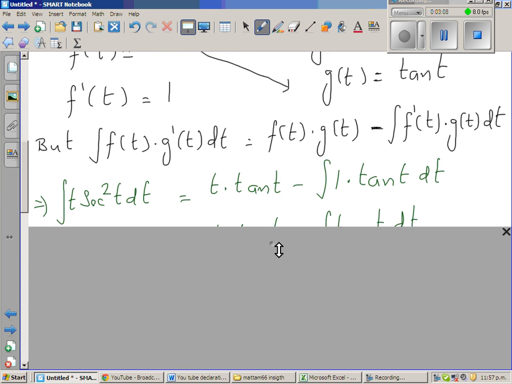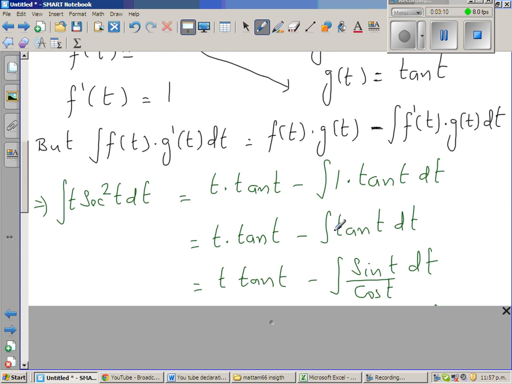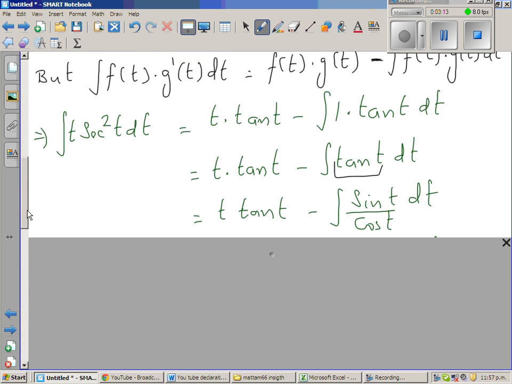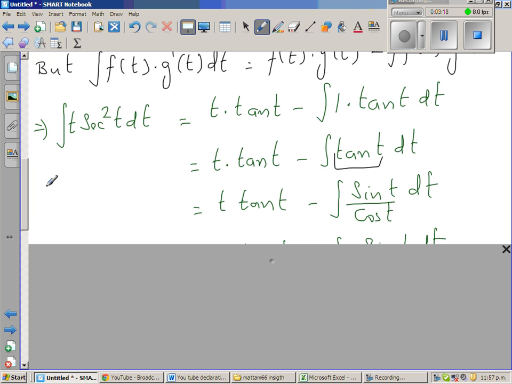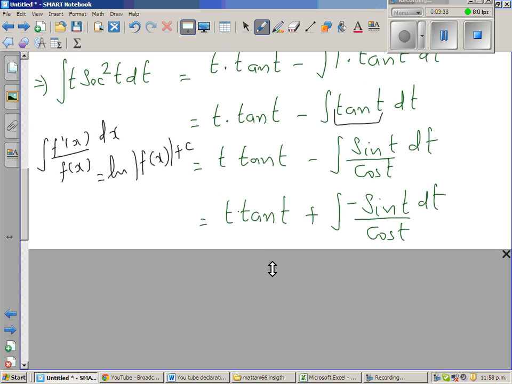Now we have to integrate tan t, and tan t can be written as sine t over cos t. You should know this formula: the integral of f prime x over f of x dx is natural log of f of x plus c. The derivative of cos is negative sine, so in the next step I've taken this negative and put it along with sine.